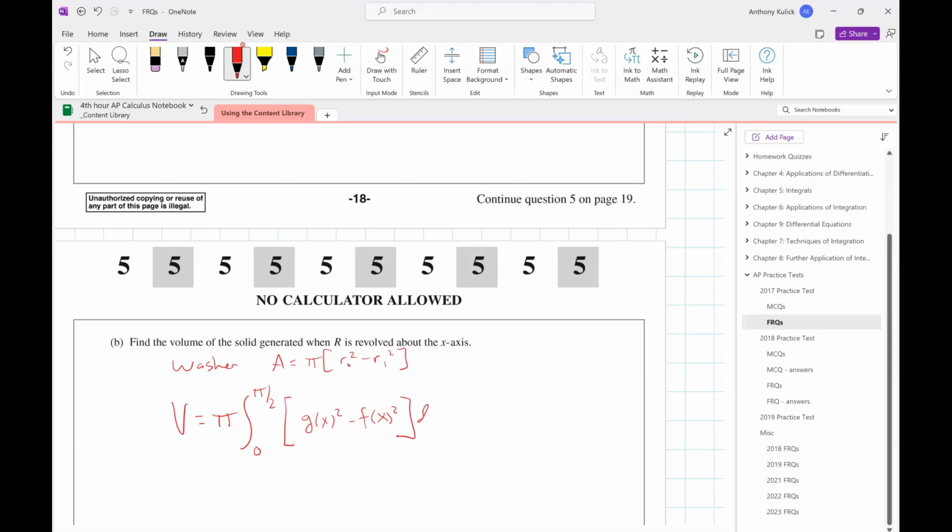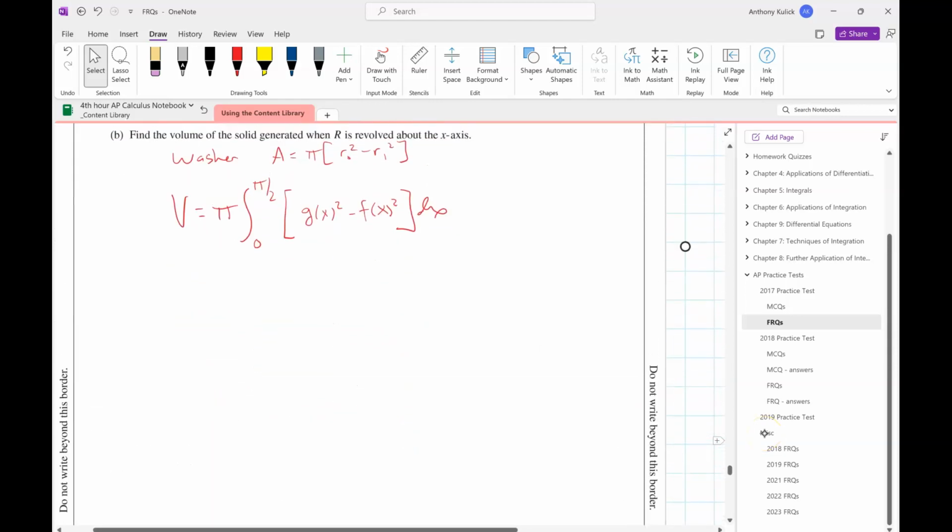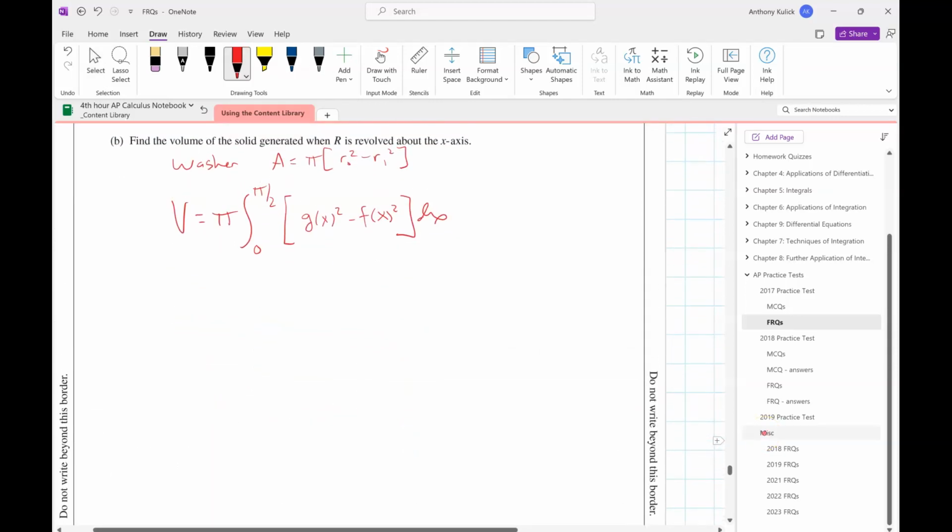Yep. I'm just going to write it like that for now. I think that's right. Yeah, G squared minus F squared. Okay. And this one, they want you to do the calculus down for it. So e to the x squared is e to the 2x. The square root of cosine squared is cosine x.